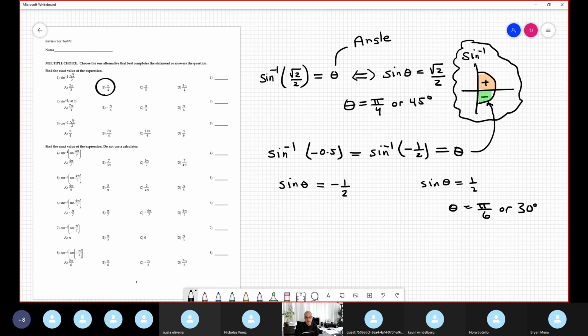Now the answer of this is negative pi over 6 or negative 30 degrees. Or, if you want to express counterclockwise, it's 330 degrees. But no, never express it like that. So the answer is B. Got it?